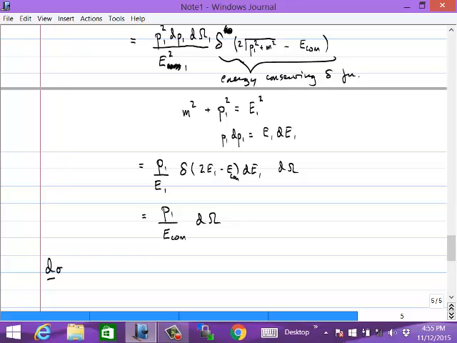So what does this mean? This means that the differential cross-section, let's just put that all together, is 1 over, well, we had an E1 times E2, where E1 and E2 were now the energies of the initial particles rather than the final particles.